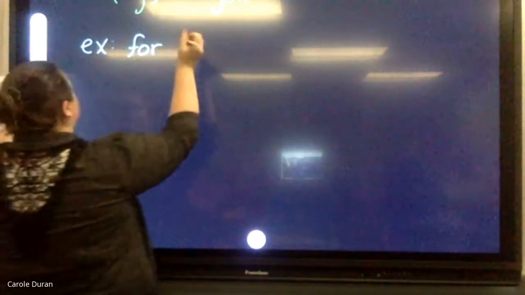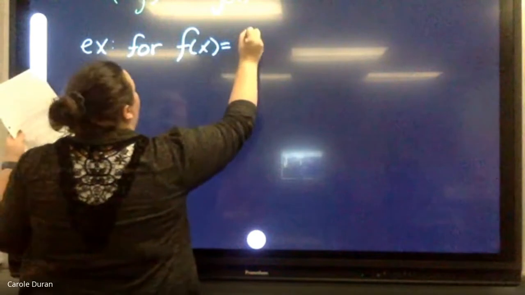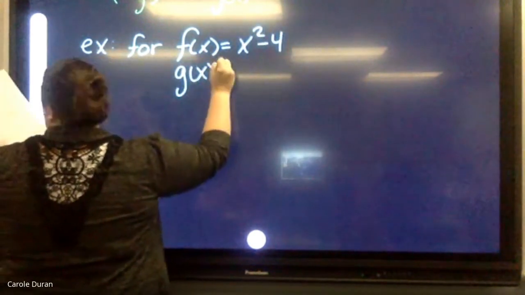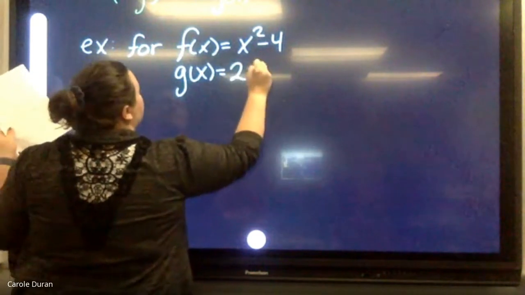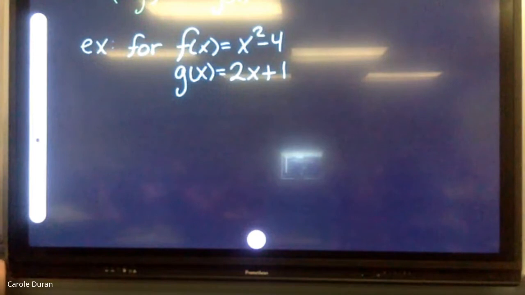Let's assume for these examples that we have two functions, f of x and g of x. We're going to say f of x is x squared minus 4, and g of x is 2x plus 1. For each of these next problems, we're going to be performing the operation and simplifying as far as possible. And then we're going to identify the domain for each of these simplified functions.